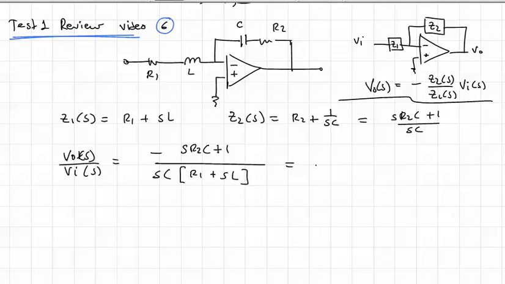Okay, so now we have minus, let's see, we could write this as S over omega Z plus 1, and then here we could write this as C over R1 times S, so it would be SL over R1 plus 1.